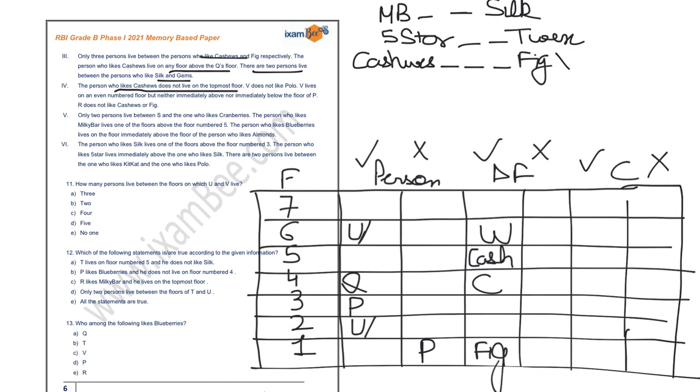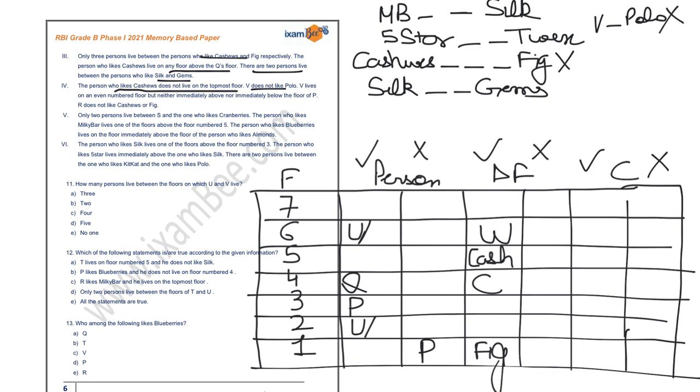So this is done, so I'm crossing this particular arrangement, right? And you know that 2 persons live between silk and gems. So you can slightly make a hint over here that there is a gap of 2 persons between the person who likes silk and gems. Now V does not like polo, so you can write that V does not like polo over here. You can place a cross mark over here.